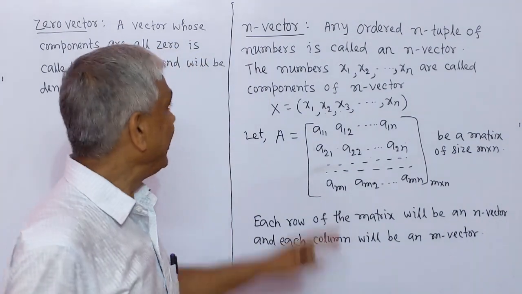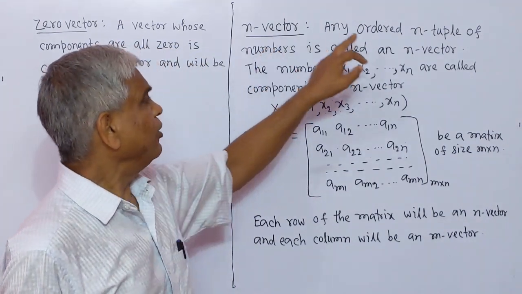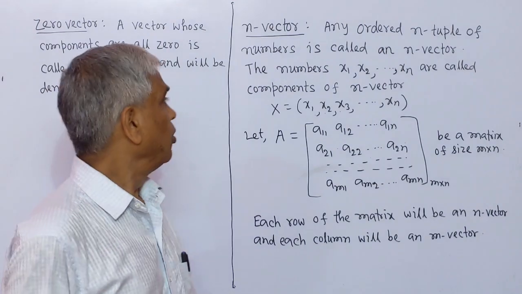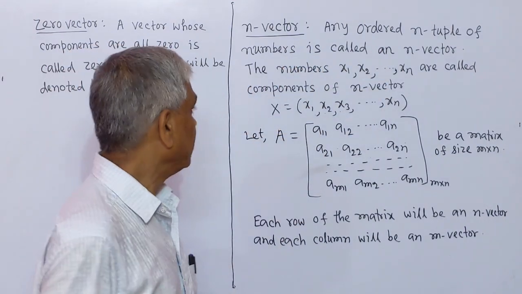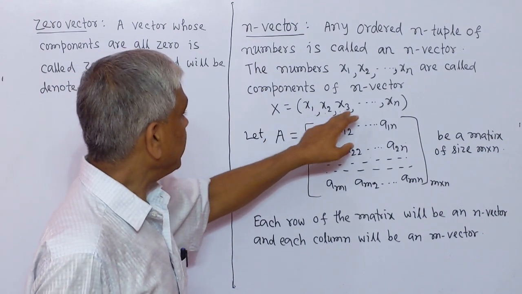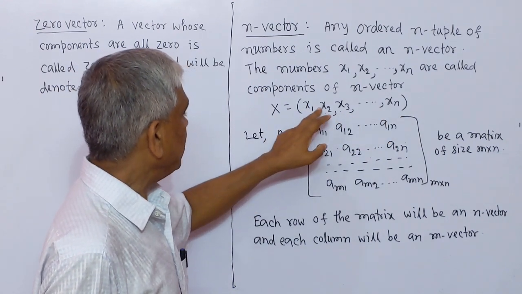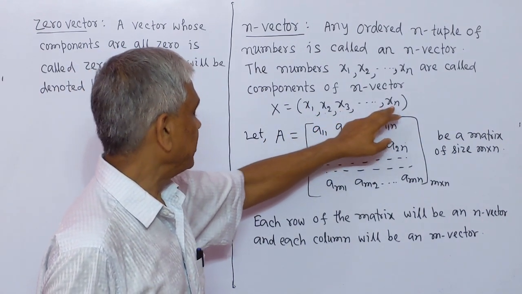Now we define n vector. Any ordered n-tuple of numbers is called an n vector. This is an ordered n-tuple of numbers x1, x2, x3, xn.